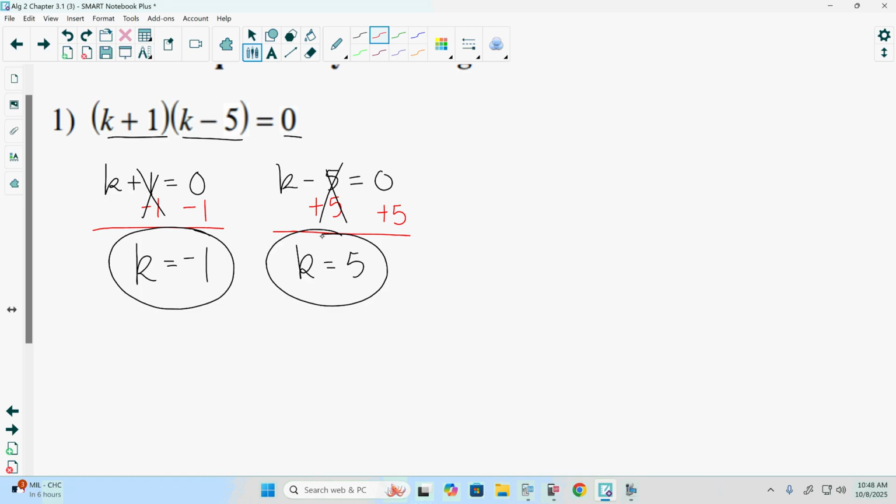Now, you don't have to write this next part because I'm going to check it. If k is negative 1, then negative 1 plus 1 times negative 1 minus 5: negative 1 plus 1 is 0, negative 1 minus 5 is negative 6, and 0 times negative 6 does indeed give us 0. I could do the same thing with 5.